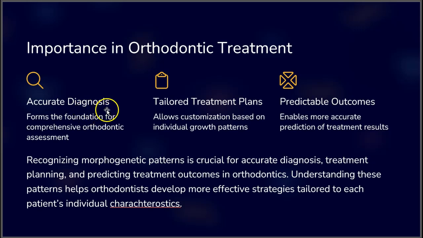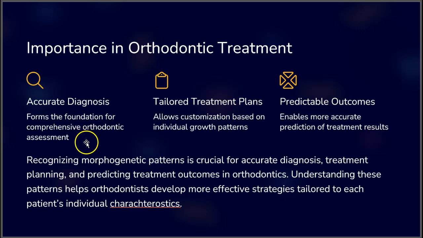To keep us out of trouble, we're going to treat that patient more as a hyperdivergent or a long face. And vice versa should also be the case if we're looking at a normal divergent patient and they have some characteristics of skeletal deep bite, not necessarily dental deep bite.